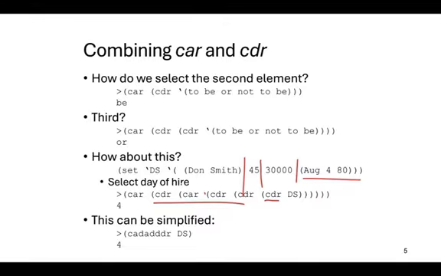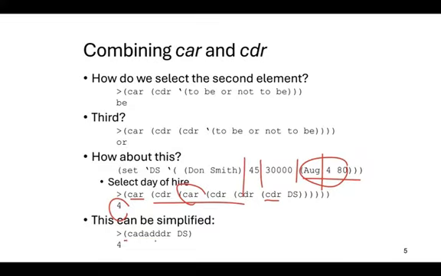So we call car to get that first element out of the list, and you're going to get August 4, 1980, and then we want to get the 4, the day itself. So we apply cdr again, cut it here, and then apply car to get the 4.